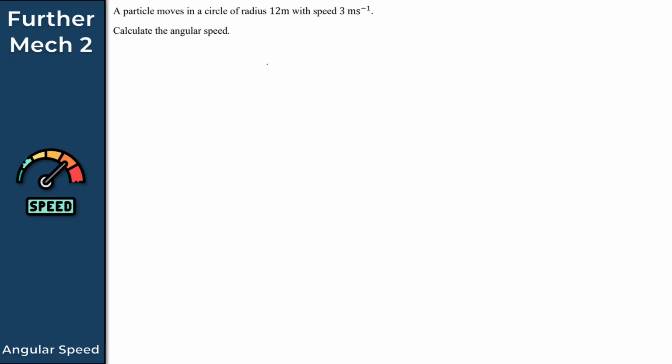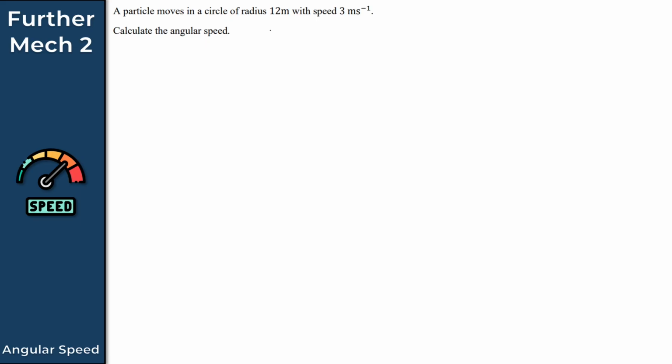And all we want to do is find the angular speed. It really is quite a straightforward question, but more than anything, this is just an introduction here to angular speed. And to be honest, we are easing ourselves into further mechanics too. This topic, angular speed, is setting us up for the remaining part of this chapter. So as you would expect, quite a straightforward question.